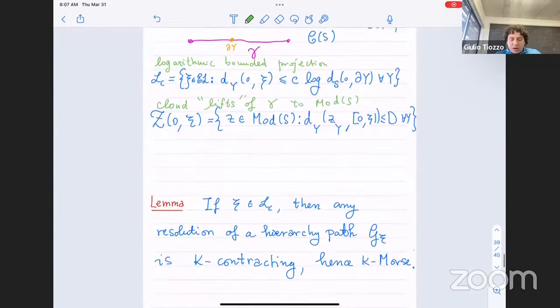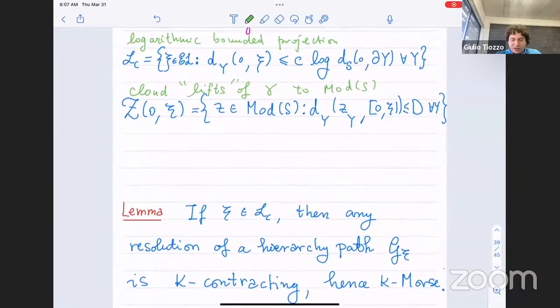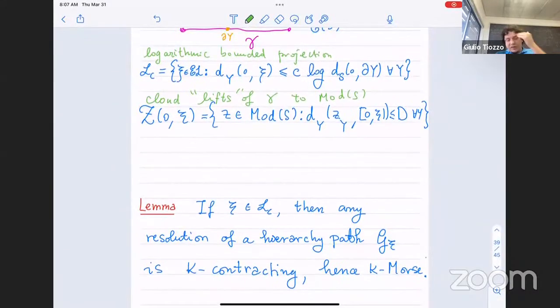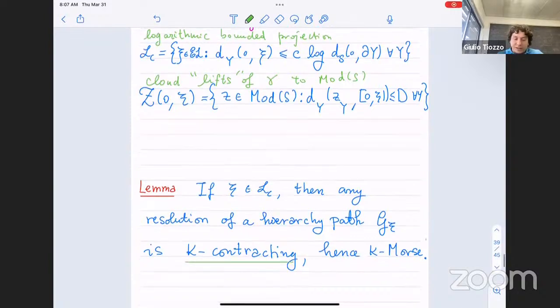Okay, so the second geometric lemma that we need, that again, I hope Kasra gave some intuition or some similar lemma. So if you have a hierarchy path that has these logarithmically bounded projections, then this indeed is kappa-contracting.